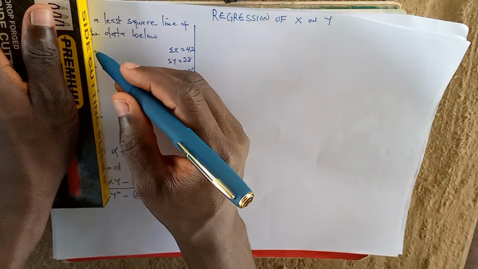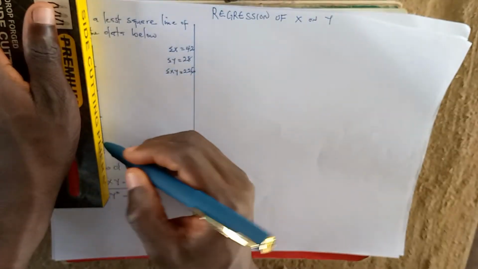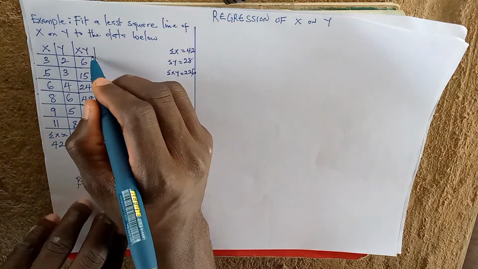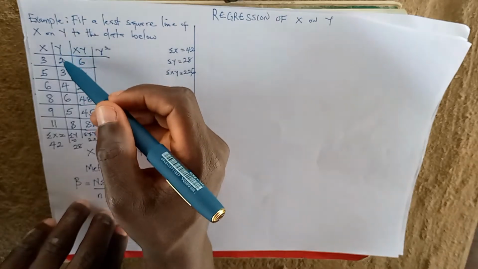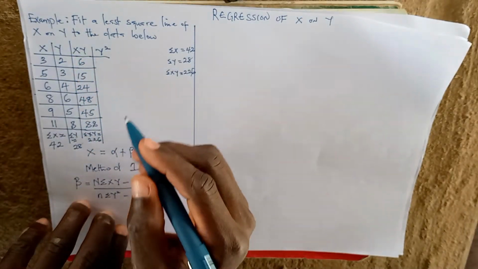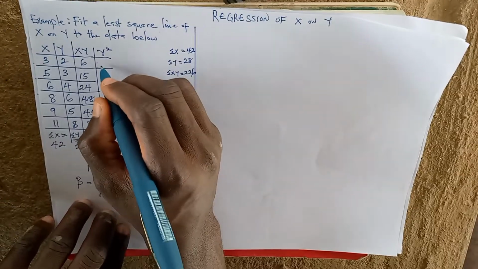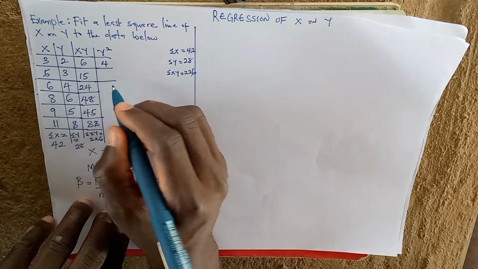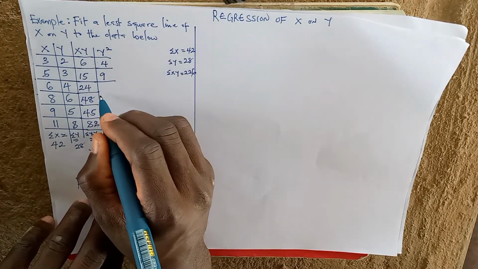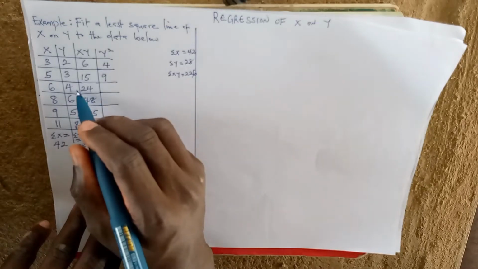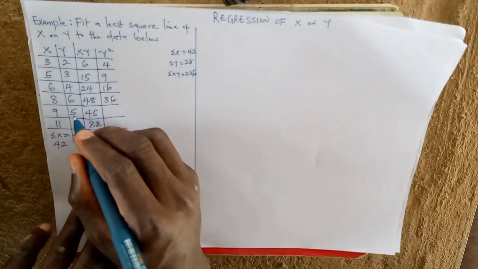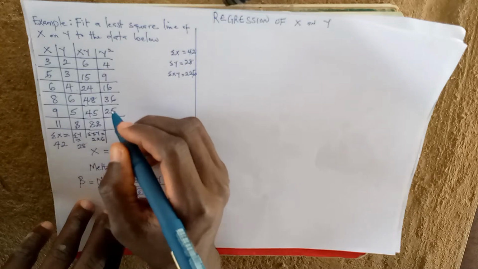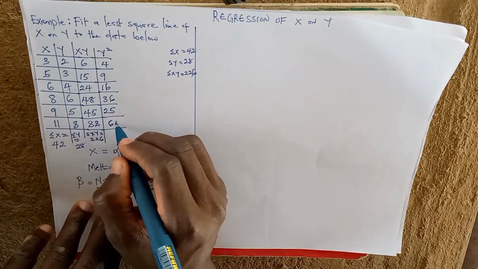Using this same formula, we need summation y square, which means we need another column to form y square. It means we are going to square each number in this column, and as such we have 2 squared that gives us 4, 3 squared that gives us 9, 4 squared that gives us 16, 36, 25, and 64.